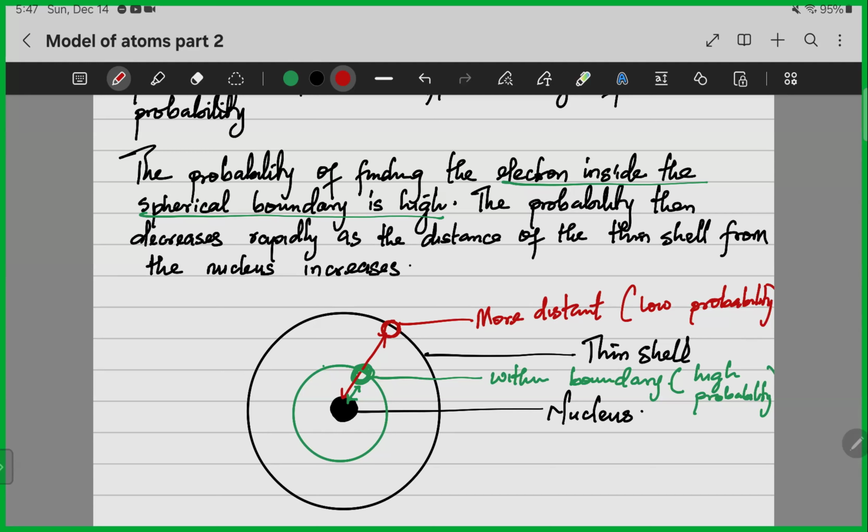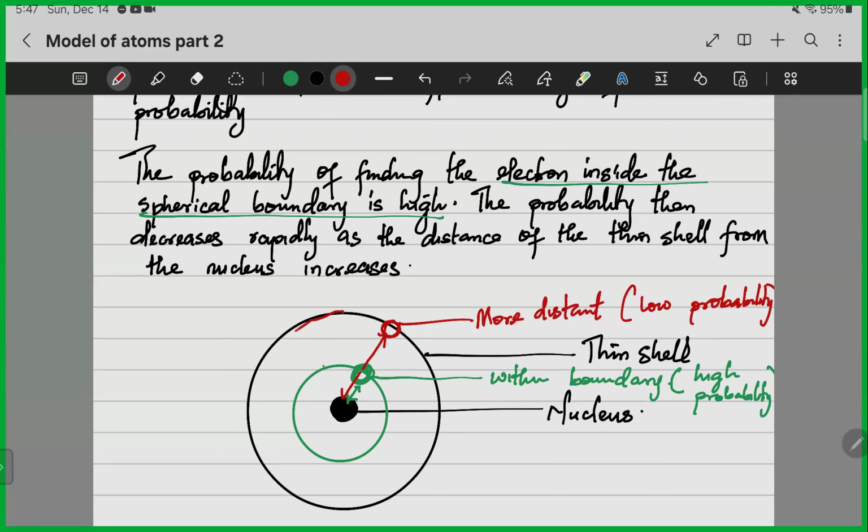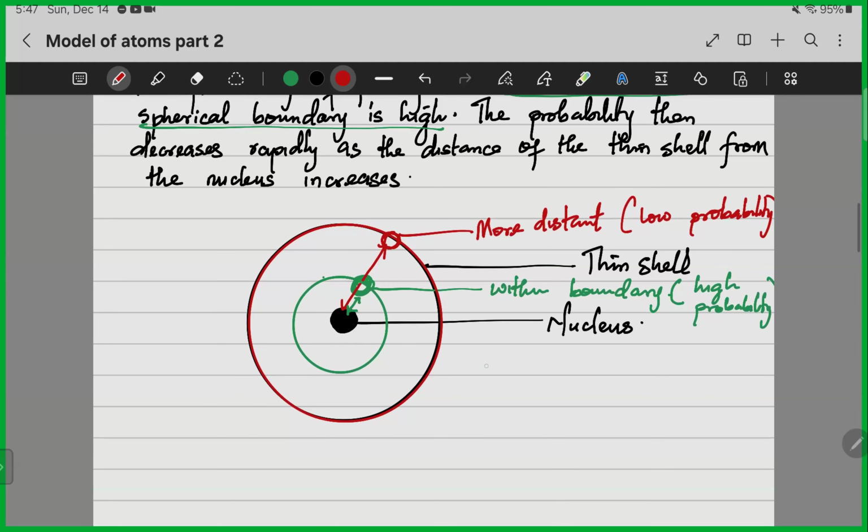Now, please, the focus here is the thin shell. Let me label this thin shell. You will hardly find an electron on the red thin shell.